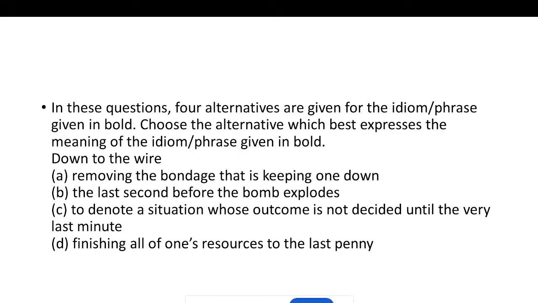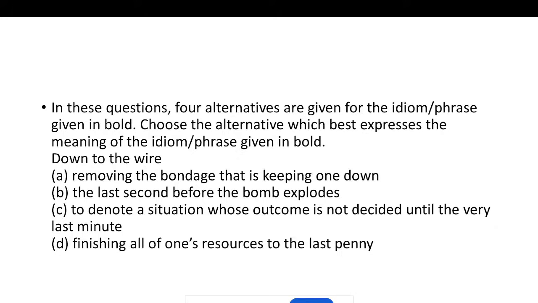Very good. Down to the wire denotes a situation whose outcome is not decided until the very last minute.